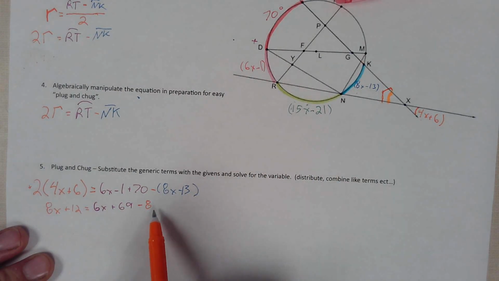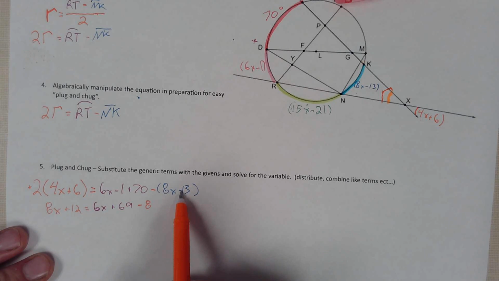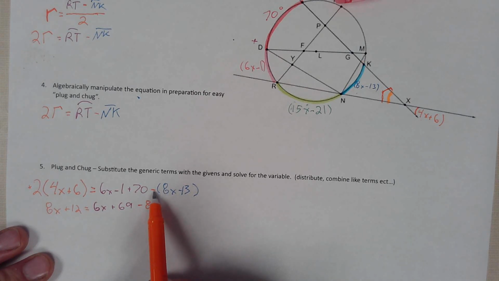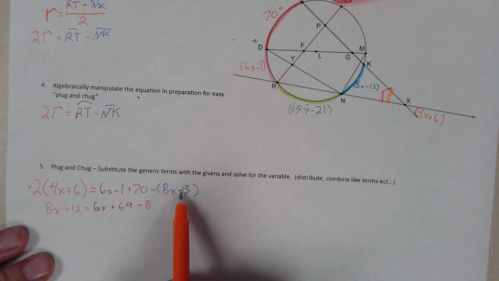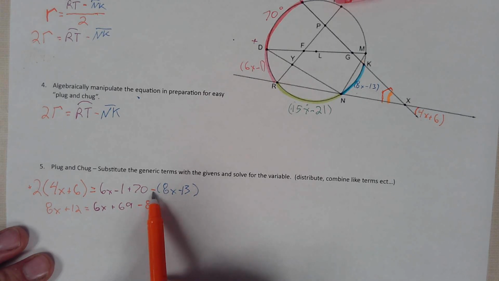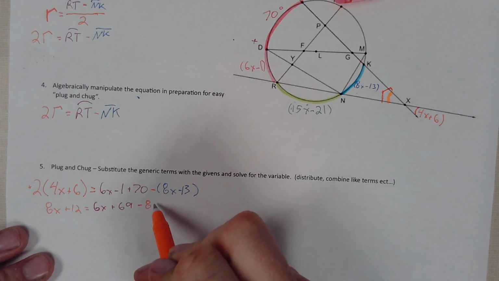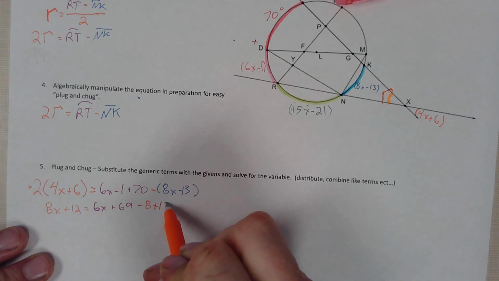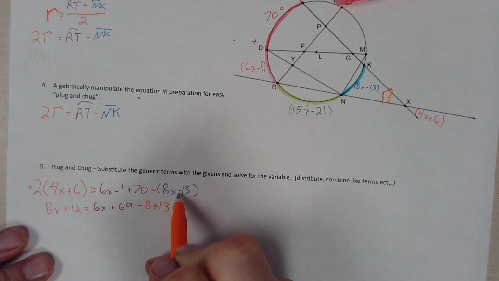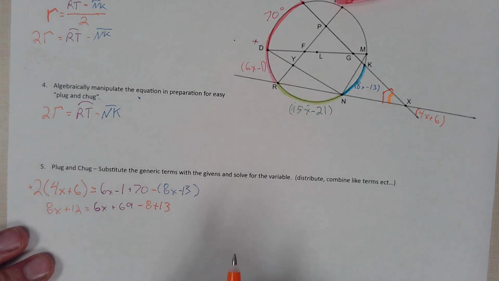Okay, negative 8, and then I'm going to distribute that negative symbol into the negative 13. The negative of the negative is the positive 13. Be careful about that. That can get you each time.